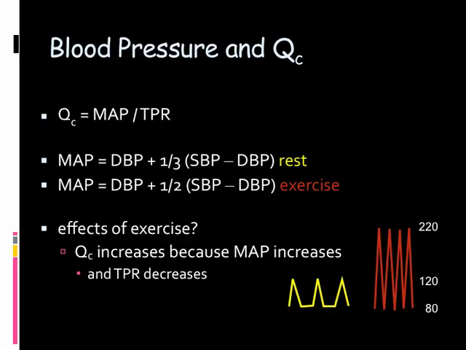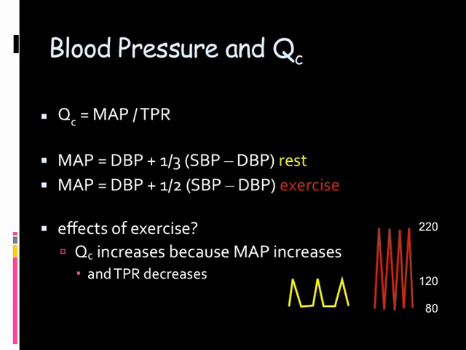This is a special formulation of a relationship that holds true for many, many systems that involve flow. Flow rate, in this case, cardiac output, how much blood is flowing from the heart each minute, is driven by a pressure.